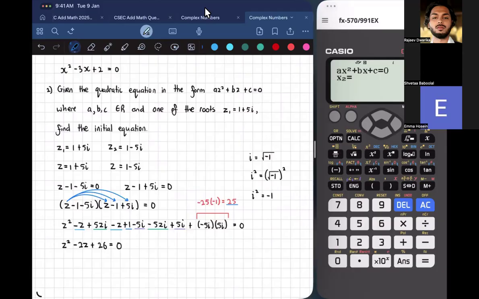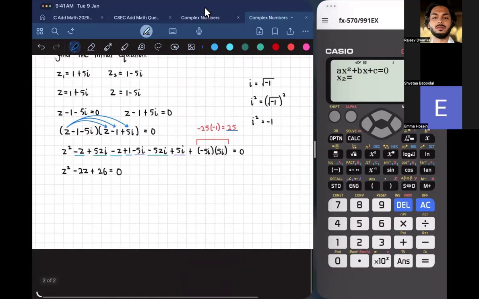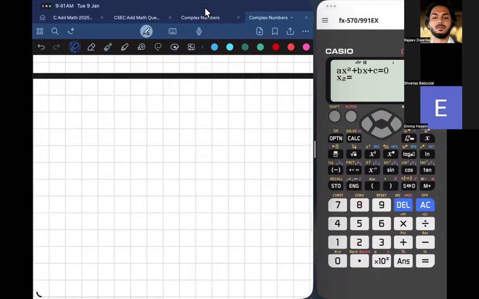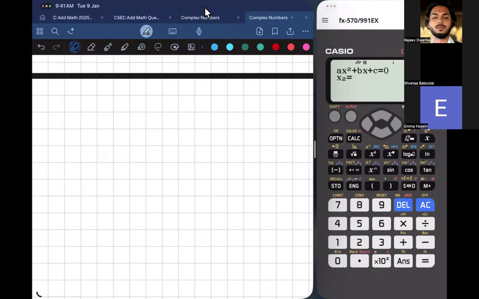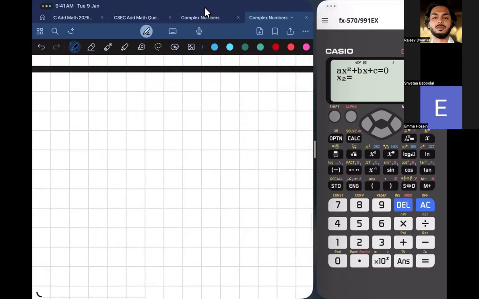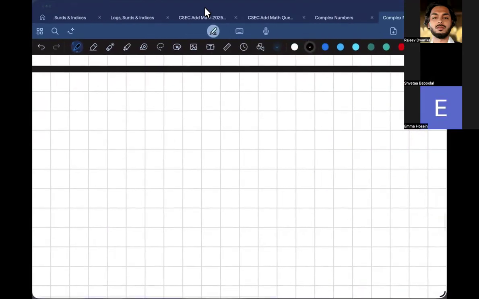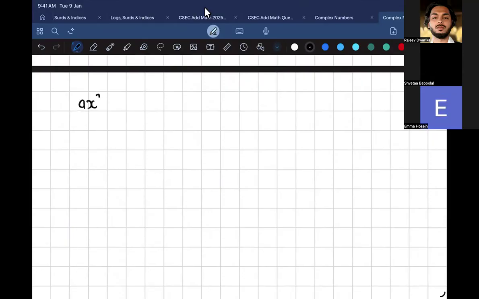Okay, all right. So in the meantime, Emma, I want to go through the concept of the sum and product of roots, right? Okay, cool. Did you do the proof in school? I probably did, but I think that was last term. Emma, I want you to consider a quadratic equation, right?